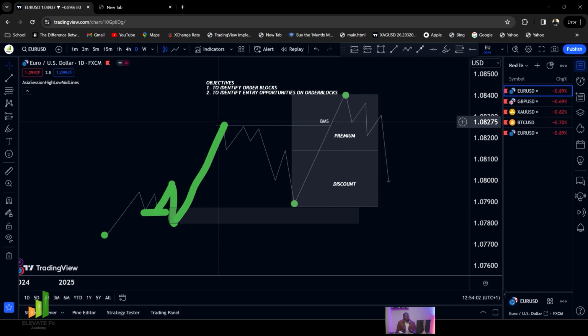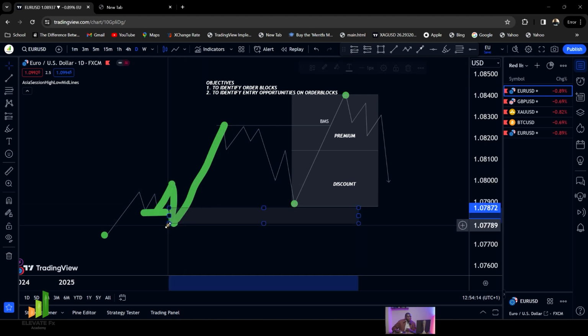Now, as smart money traders, or borrowing from the smart money concept, what are we expected to do? We are awaiting a mitigation of this area. Now, this zone that was left behind here is what we refer to as a demand zone. This demand zone is the area in which we will most likely be looking to get involved in the market.